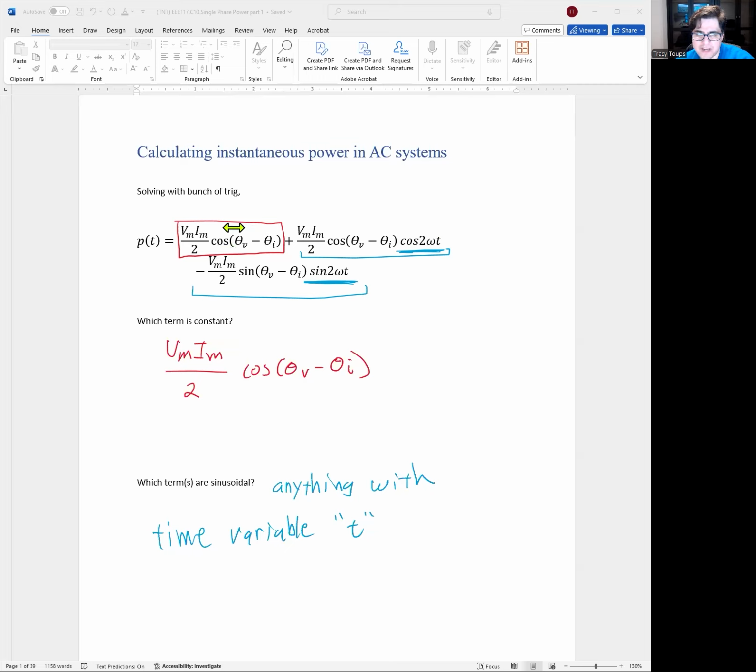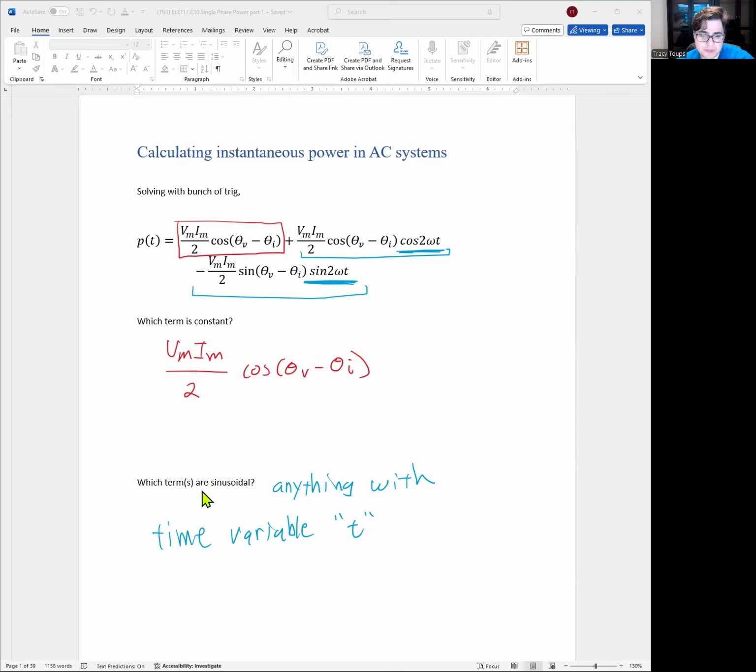So if we ever do calculations, this term is actually a constant number. Which term is constant? It's Vm Im divided by 2 cosine of theta V minus theta I. Very important to see this. This red part stays the same throughout the whole circuit. The blue part goes back and forth and oscillates all over the place.